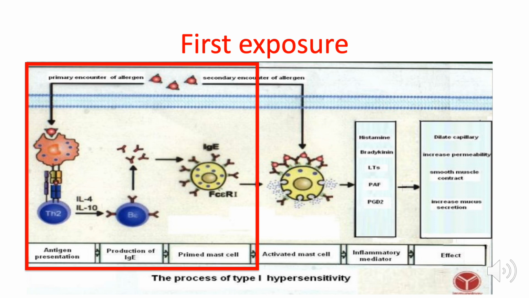I want everybody to understand that there's still no cross-linking on the first exposure to the allergen, because cross-linking would mean one allergen cross-linking two IgE antibodies. This is basically the reason why you will wonder now, when you were younger, you are not reacting to dust particles.